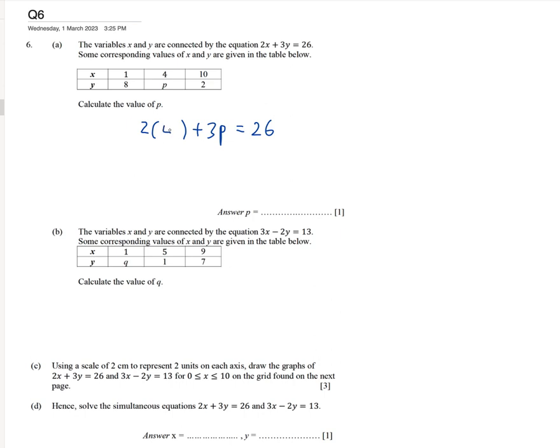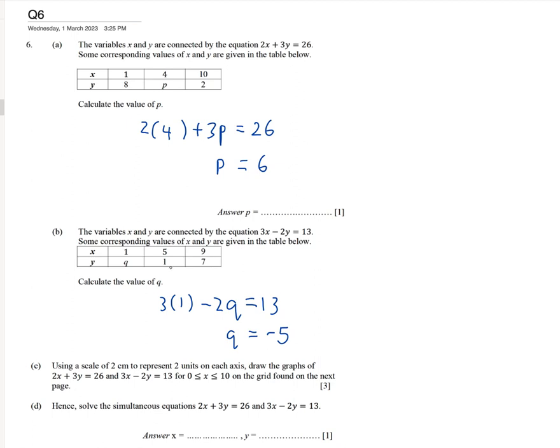So x is 4. So working out, we have p is 6. This is how we present the sum. Similarly, to find q, and using this equation where x is 1 and y is q, substituting and finding the value, we have q equals to -5.